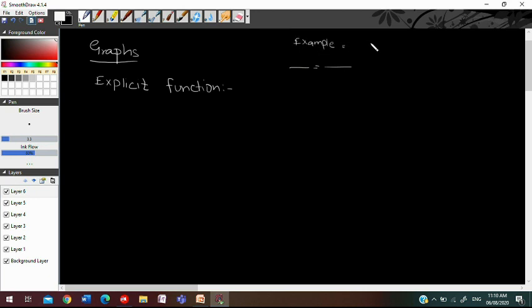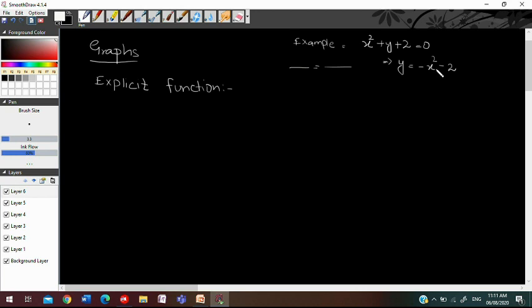Let's say we have x square plus y plus 2 is equal to 0. And if I can write this as y is equal to minus x square minus 2, it means I am able to separate these two variables, one variable to the left hand side and the other variable with the constant or any extra term to the right hand side.